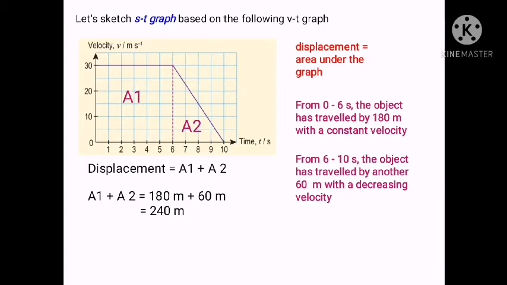When we want to sketch the ST graph, we need to know the area under the graph. So here, I'm calculating the area under the graph. The area for A1 here is 180 meter. My A2 is 60 meter. And the total displacement is 240 meter.